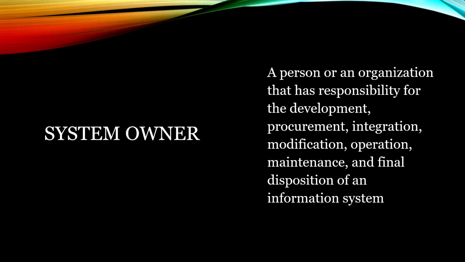It's anything that has the responsibility for development, procurement, integration, modification, operation, maintenance, disposal, or who controls access to said code to be able to make those meaningful changes. Those are going to be the ones that are classified as owners.